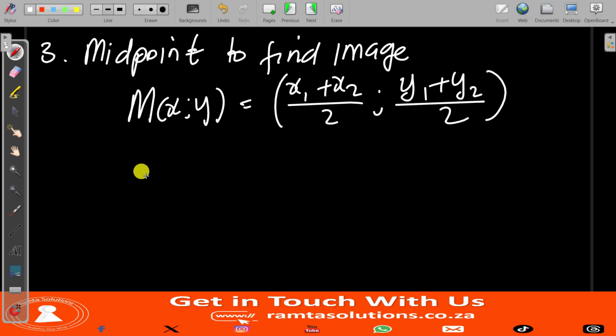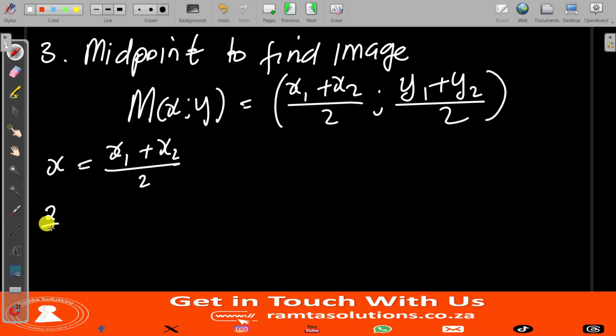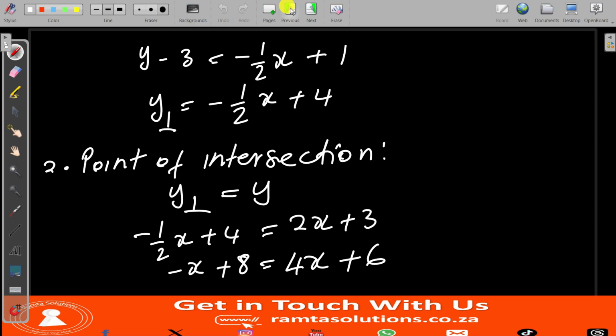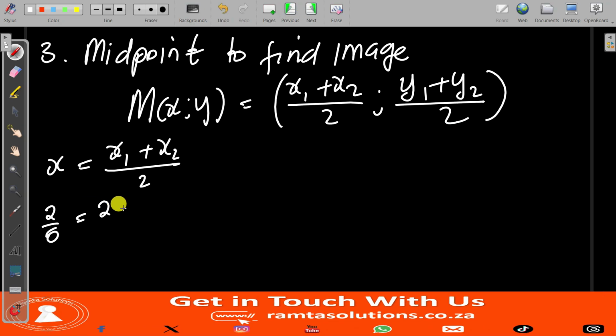Now we're going to use the x value of the midpoint, which is x sub 1 plus x sub 2 all over 2. What was the x value of the midpoint? It's 2 over 5. And then x sub 1, let's say it's what's given. The given point was 2 and 3. Okay, so it's 2. We don't know what is the image.